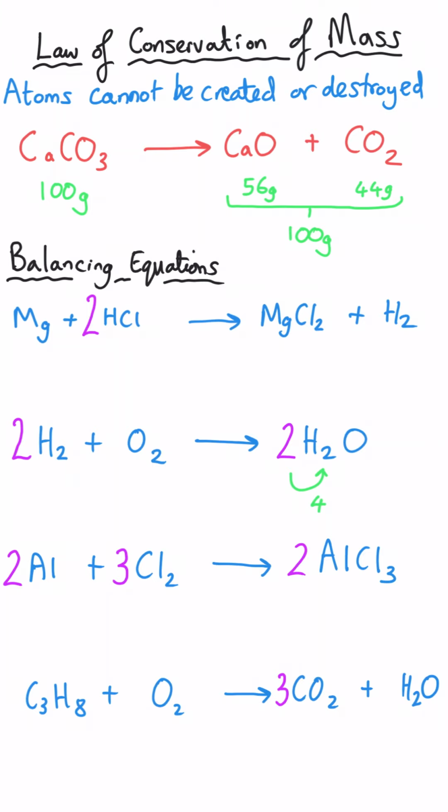We only have 2 hydrogen on the right. So if we put a 4 there, we've now got 8 hydrogen on the right-hand side. And now we have got 4 lots of 1 oxygen, which is of course 4, and 3 lots of 2 oxygen, which is 6. 4 and 6 makes 10, and so we need to multiply our 2 oxygen on the left by 5 to get 10 oxygen atoms on both sides.